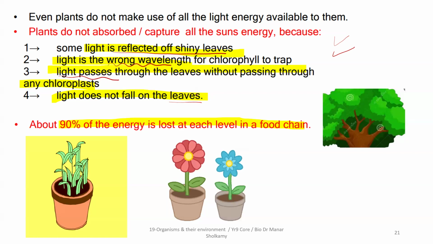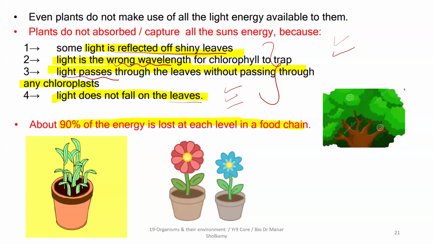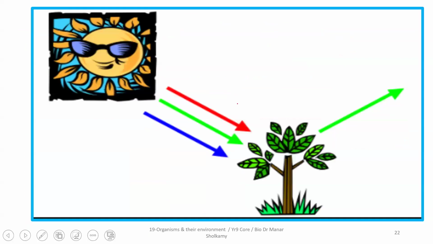It can hit the floor and not the leaf. So these look easy, but this can come as a separate question: why do plants not absorb all the sun energy? So this is the answer: not all the light energy that falls on the plant is absorbed. Some of it is reflected.